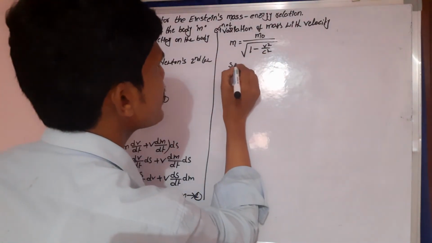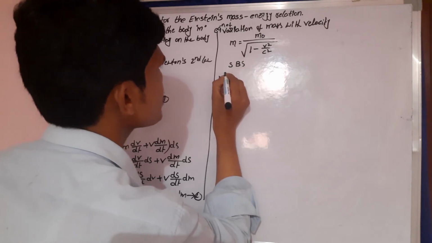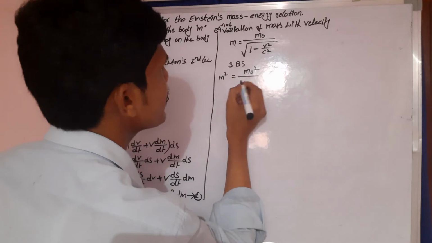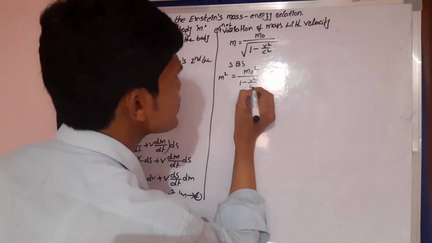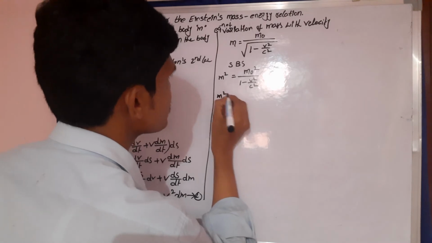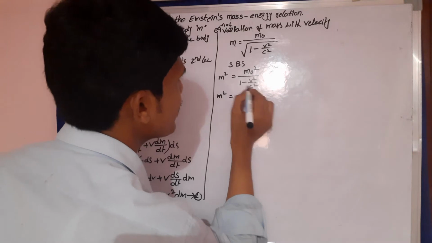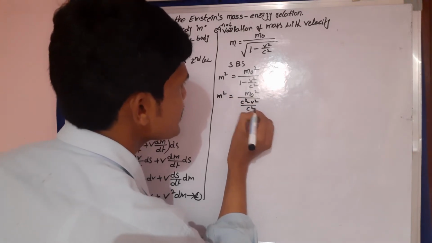So squaring both sides, m square equals m naught square by 1 minus v square by c square. So m square equals m naught square by LCM c square minus v square by c square.